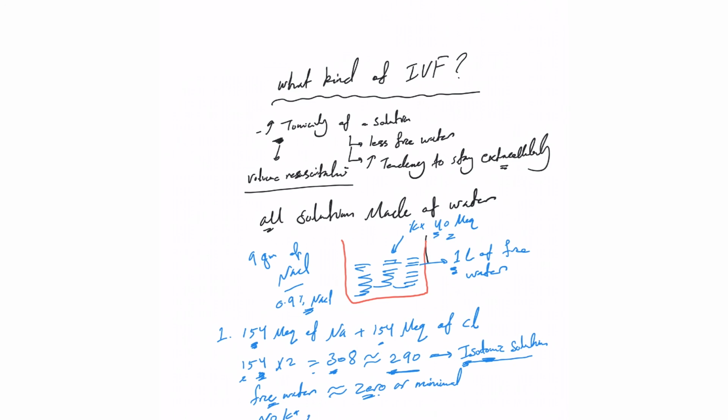And also this solution, the normal saline solution, the NaCl, has what we call no buffer. That means it has nothing that will counteract the acidosis. That's why there's no bicarb, there's no lactate. That's why one of the problems of normal saline is that it can cause normal anion gap metabolic acidosis.